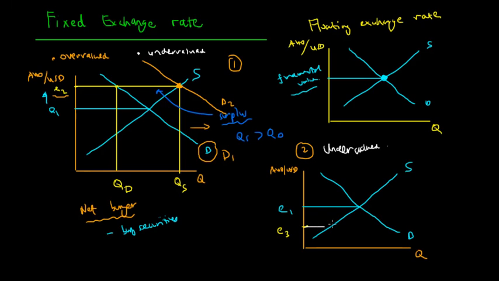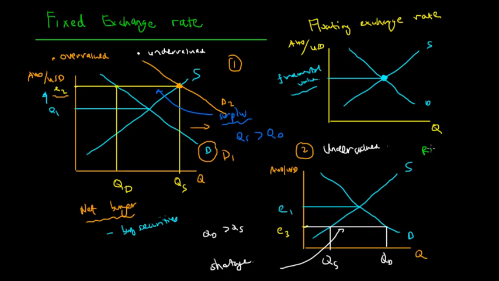What this means is that because the exchange rate is so low, the overall supply is at QS, whereas the demand for the dollar is at QD. And as we can see, using supply-demand analysis, there is actually a shortage of the Australian dollar, because quantity demanded exceeds quantity supplied. So not everyone is happy at this point. So what the government can do, or what the RBA can do, is they can print more money.